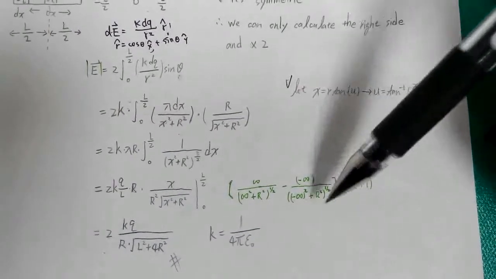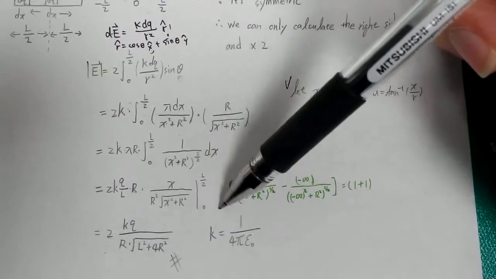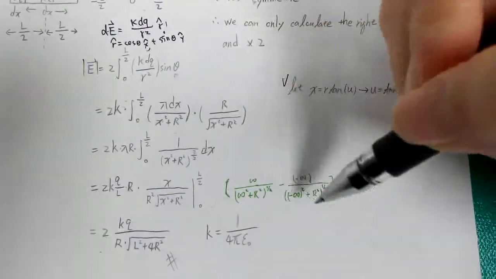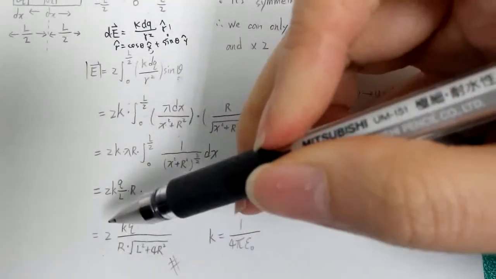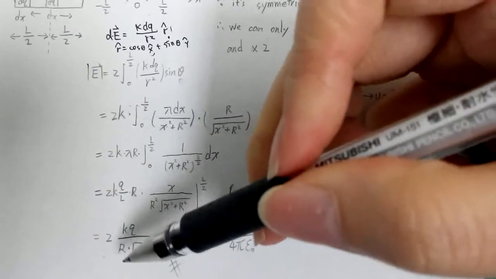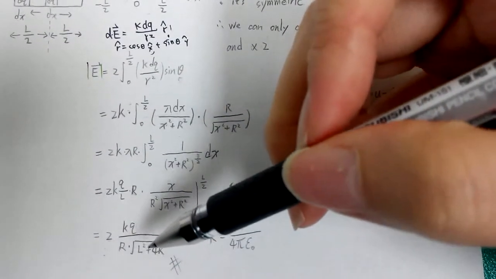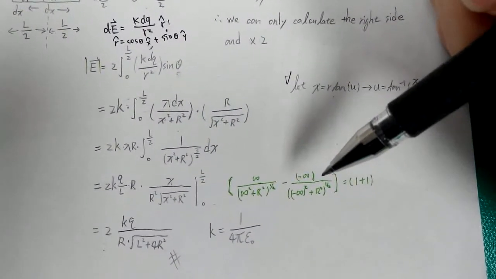So we will take this integration, minus infinity to infinity, then this part will be 2, then it will be 4kq divided by r and root L squared plus 4r squared. So that would be easy as well.